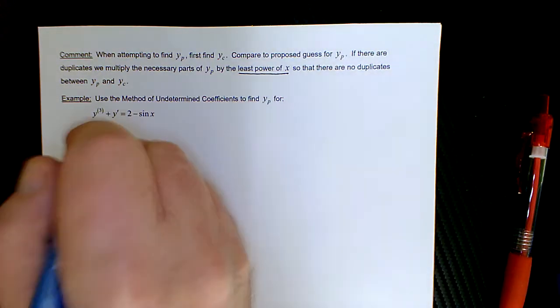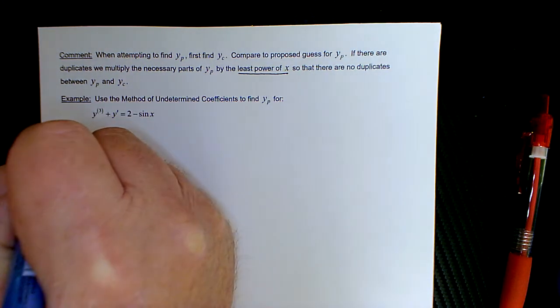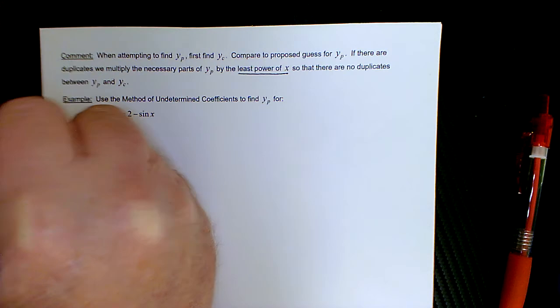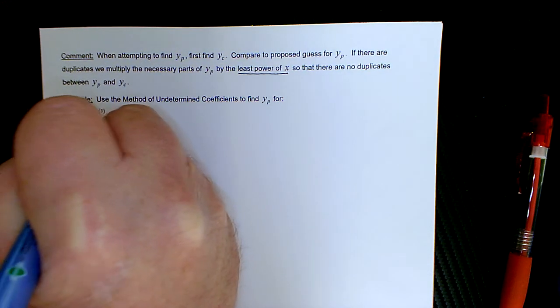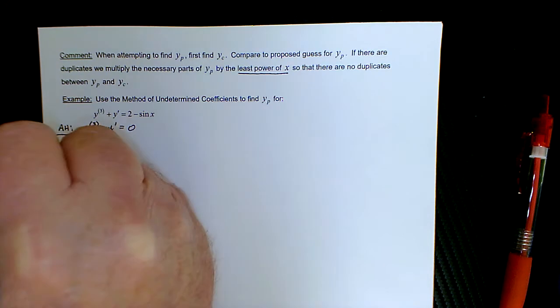So to begin with, in this example, we'll write down the associated homogeneous differential equation, which you could probably skip this step, third derivative plus y prime, because all you're doing is setting it to 0.